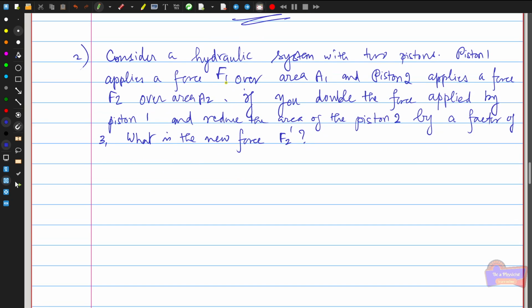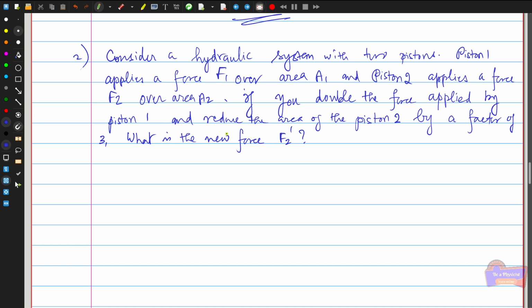Suppose F1 and A1 are the input with the old force and cross-sectional area, and F2 and A2 are the force and area of the piston on the right hand side.